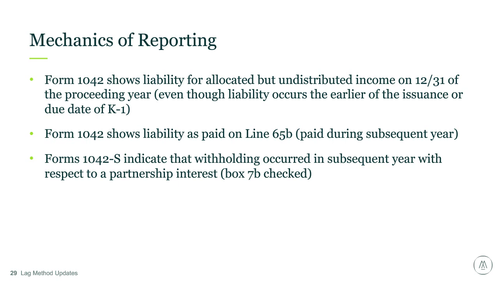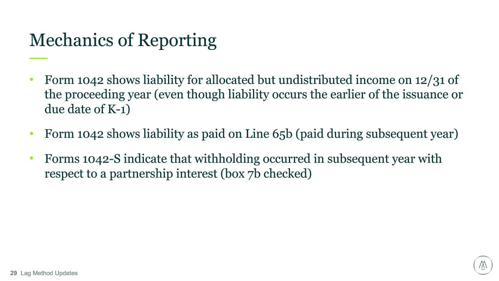There's a lot of confusion around 65B because it says, show me the amount of tax that was paid after the year of withholding. You read the instructions, it's only under these certain circumstances in which you were allowed to pay the tax after the year reported. So 65B is where that amount would show up that aligns with the 12/31 liability schedule.